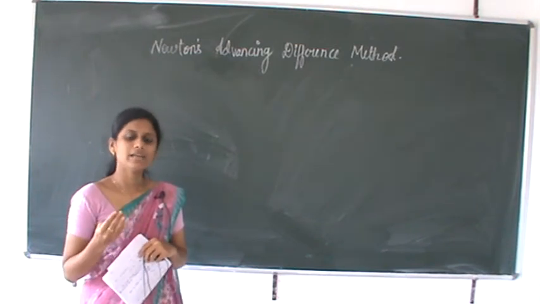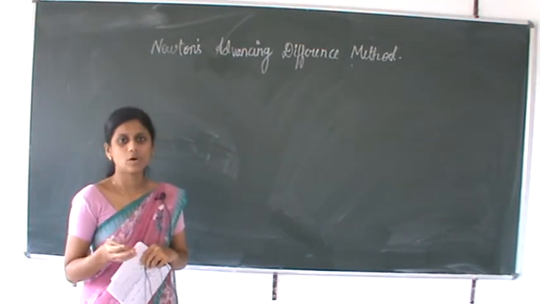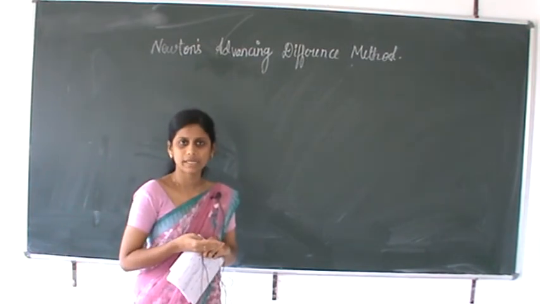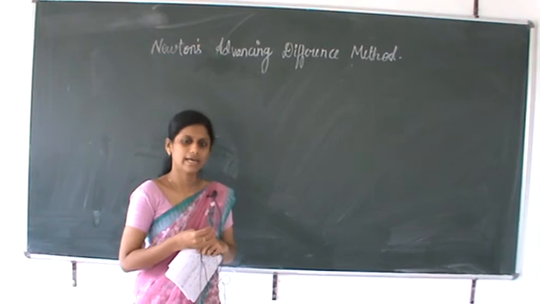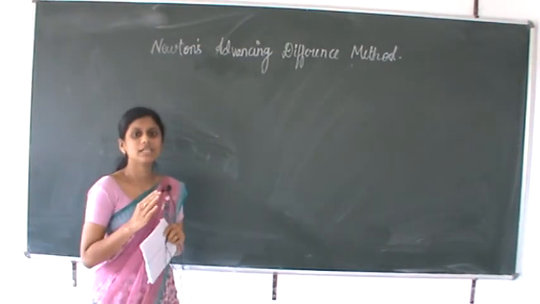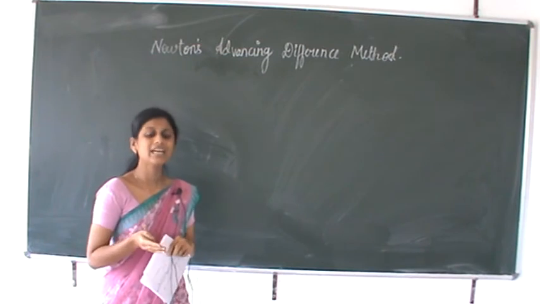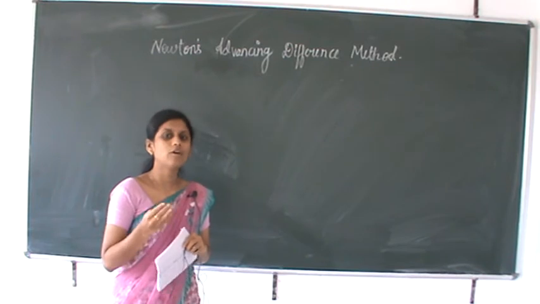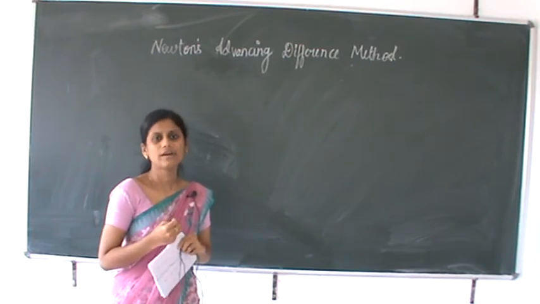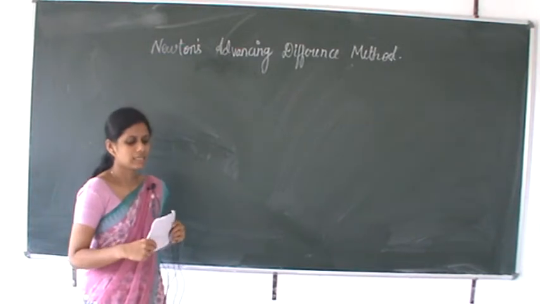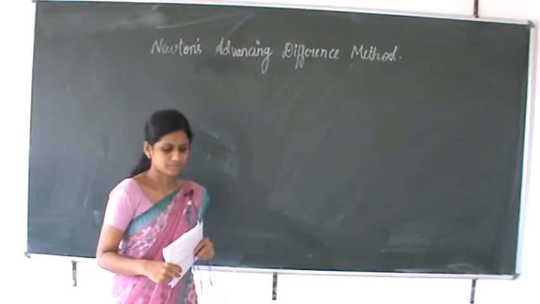In the binomial expansion method, the second condition was that the value of x for which the value of y is to be estimated should be one of the values of x. But in this method, that condition need not be fulfilled. We can even interpolate the value of y when the value of x is not one of the values of x. That's why we use Newton's advancing difference method.